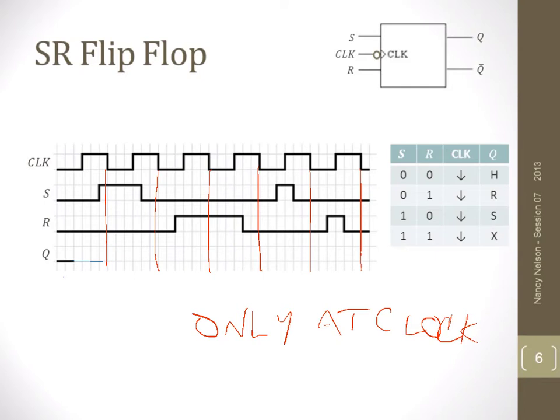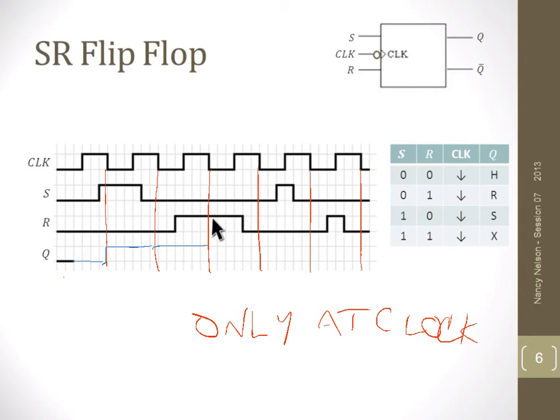Q is going to set. So we can mark that in, and it's going to stay in that state till the next falling edge. At this falling edge, S is low, R is low, so we're in our hold state. We're on the clock edge. What's going to happen? Q holds. So we're going to hold that high through to the next sample point.